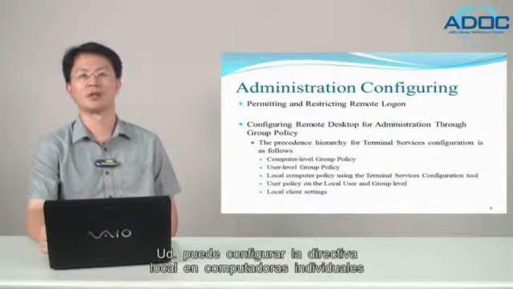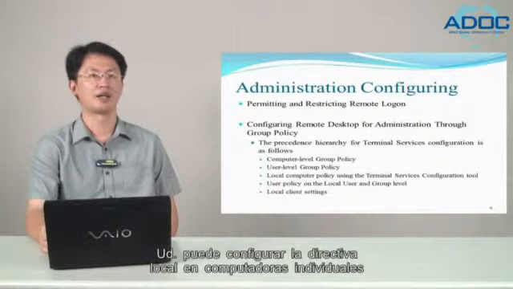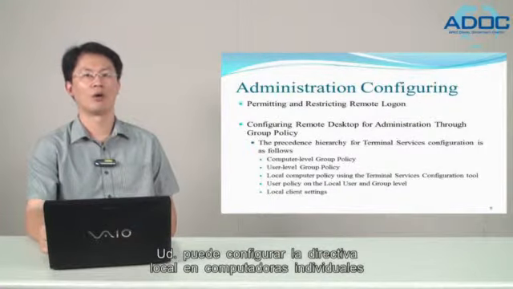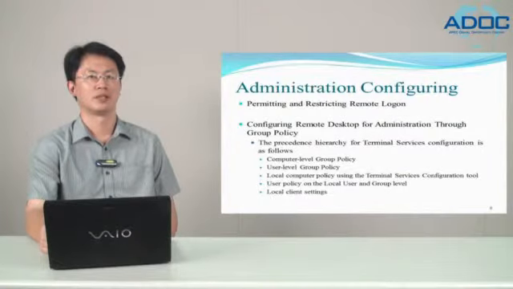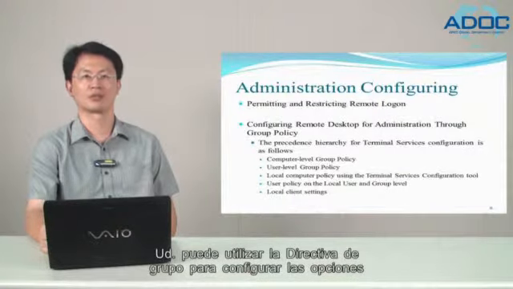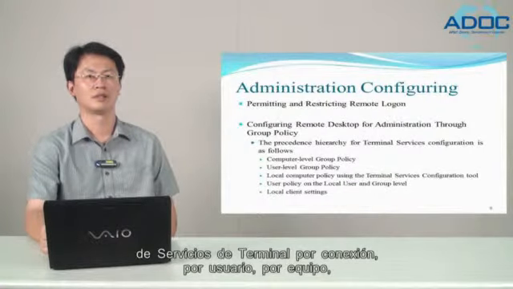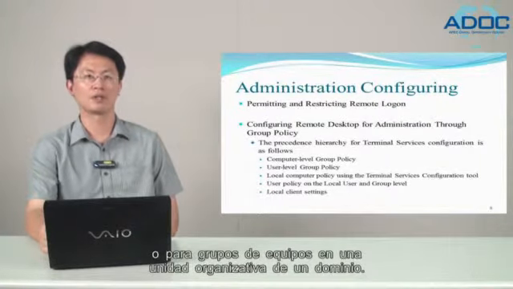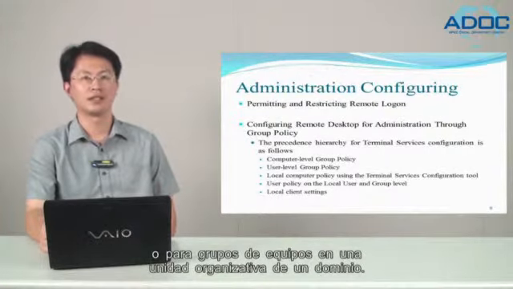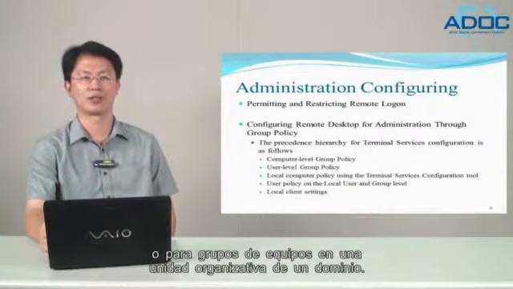You can configure local policies on individual computers or on an organizational unit in a domain. And you can use group policy to configure terminal services settings per connections, per users, per computer, or for groups of computers in an OU of a domain.